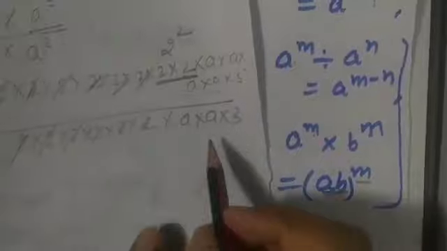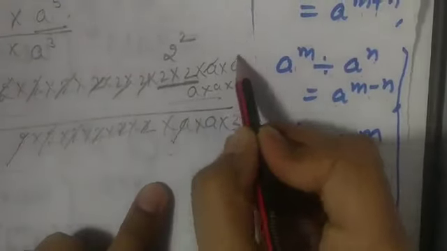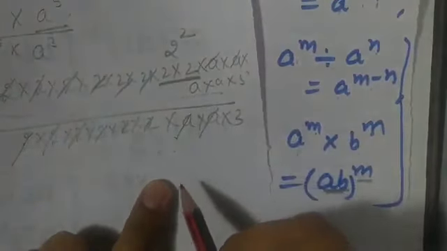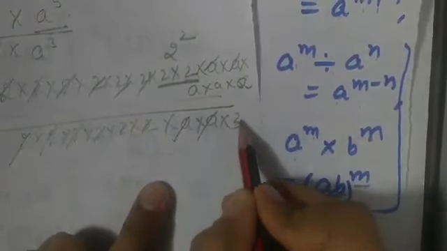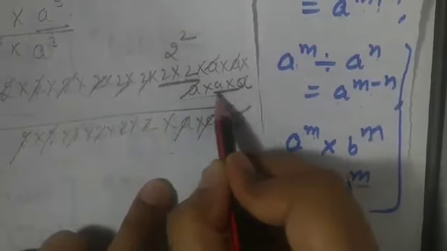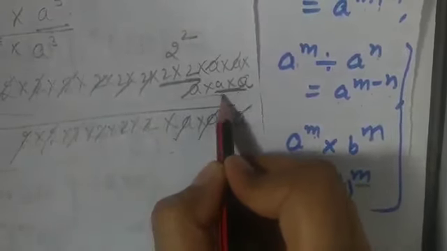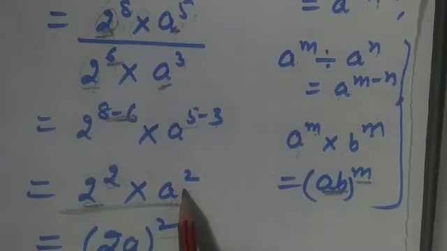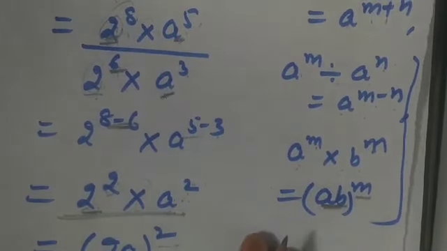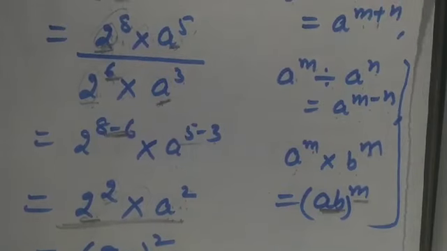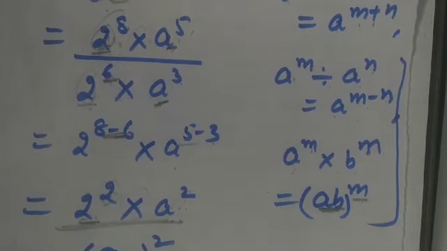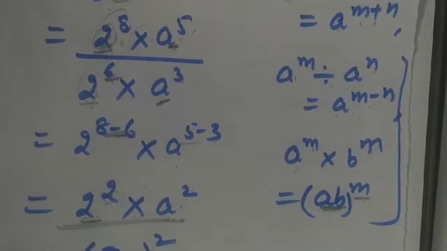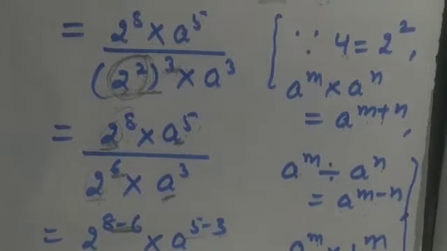Let us solve again, these a's get cancelled, this a also gets cancelled. We are left with 2 a's in the numerator, so this is a square. Okay, they are the same thing, just laws of exponent help us to make the calculation easier. Okay, so this is your part number 9.